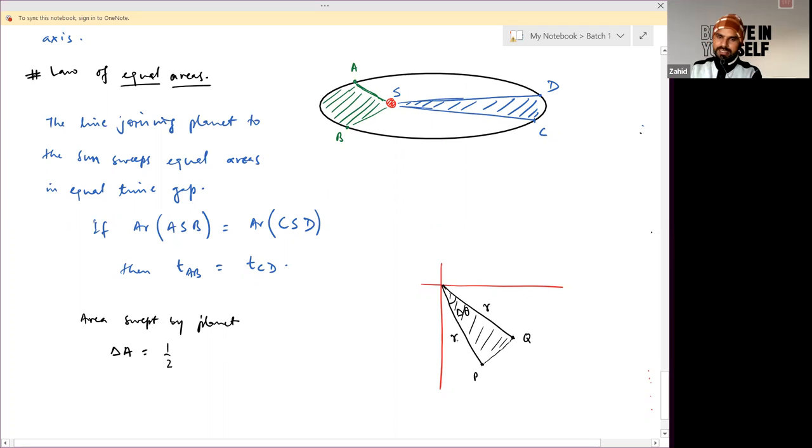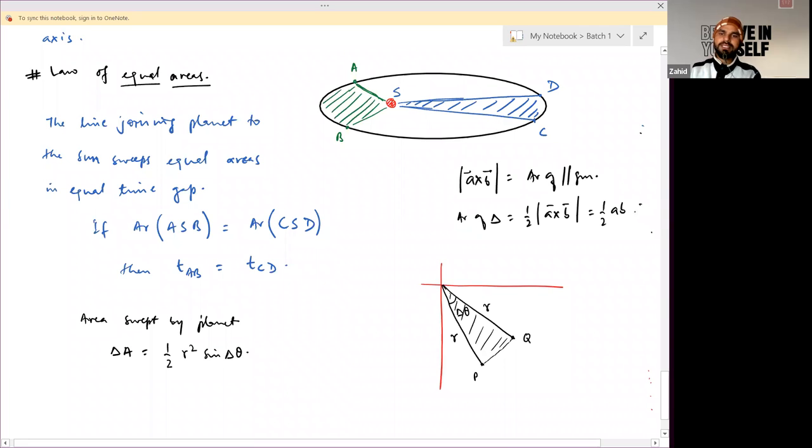Here we have A as r and B also r, so we can write half r squared sine theta. The magnitude of A cross B gives the area of a parallelogram, so if you multiply it by half, you get the area of a triangle.